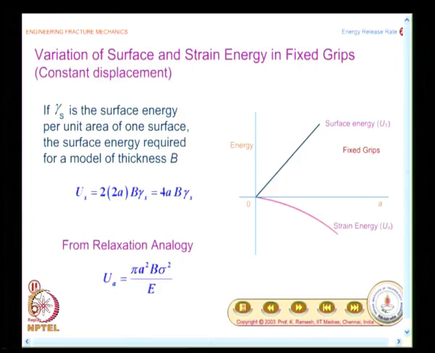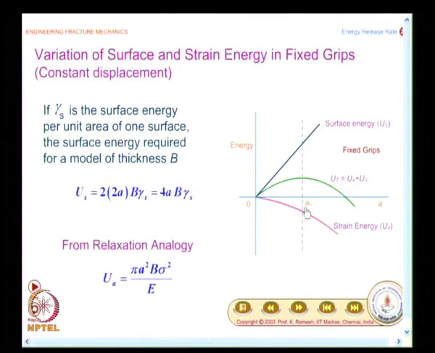Suppose I find out what is the total, that would change in this fashion, the slope would become 0 at a particular point. That demarcates the region from stable crack growth to fracture. You get the critical crack length from that graph. This will denote the critical crack length.